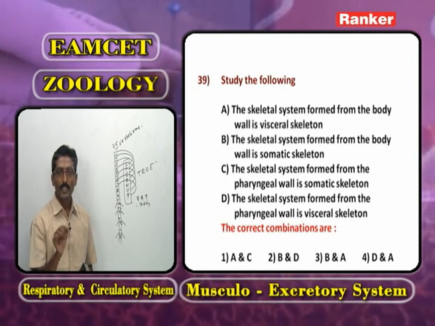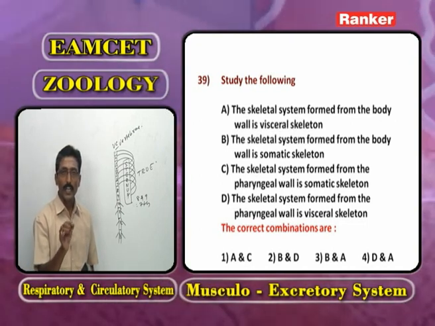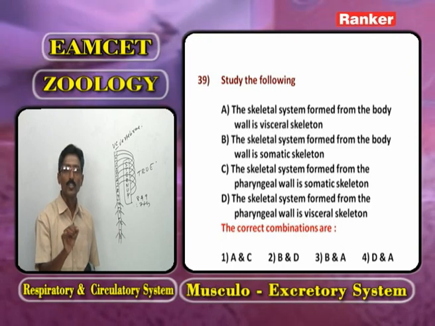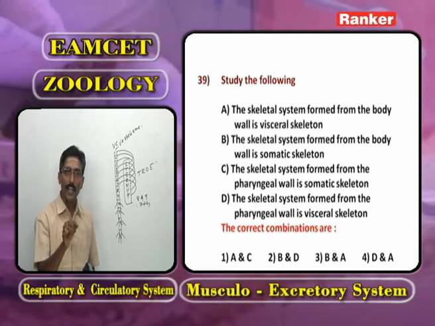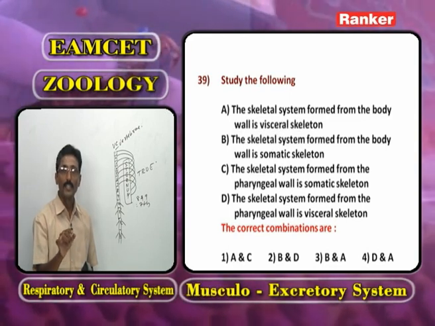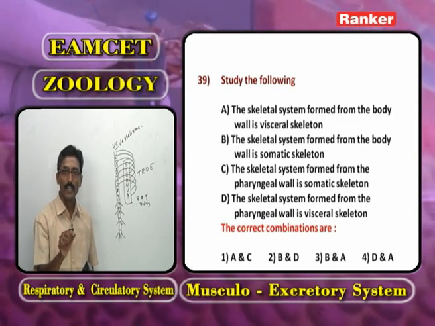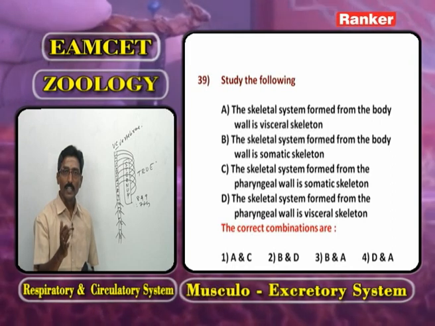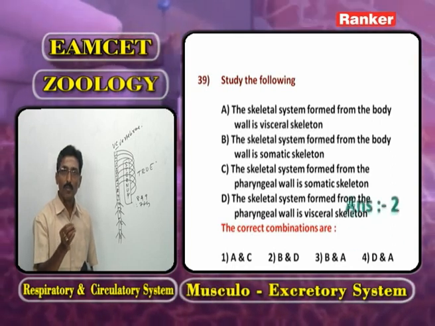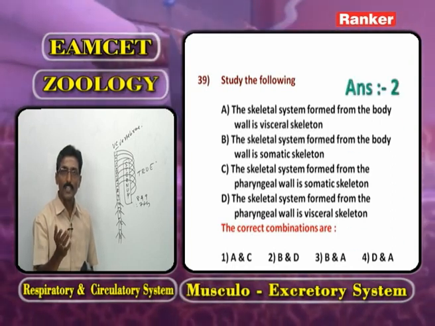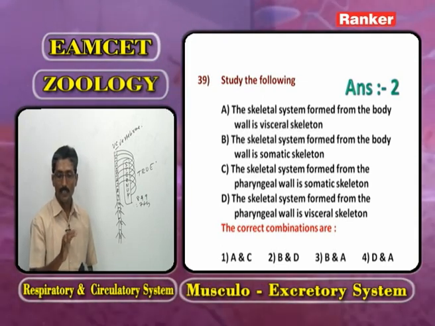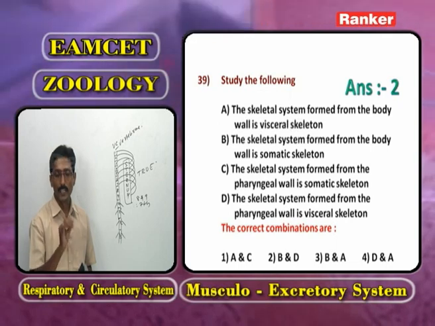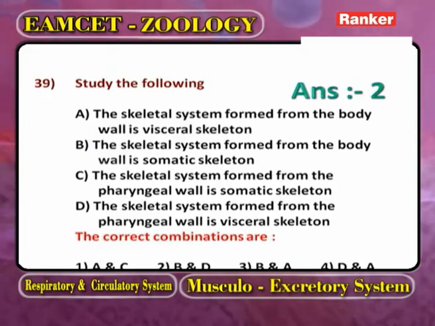Here, the skeleton derived from the body wall is somatic. The skeleton derived from the pharyngeal wall is visceral skeleton. So based on this, the correct answer is. Now we go for the next question.